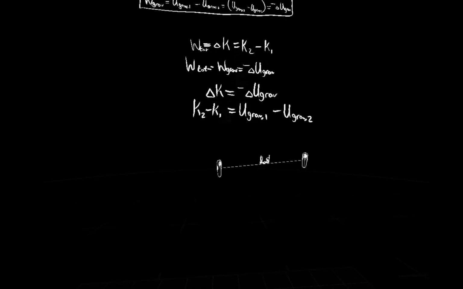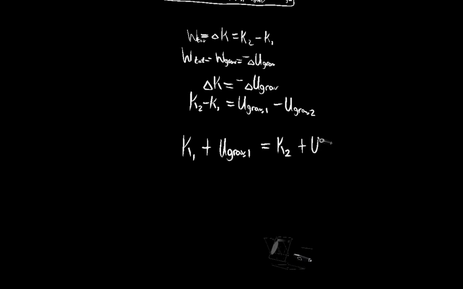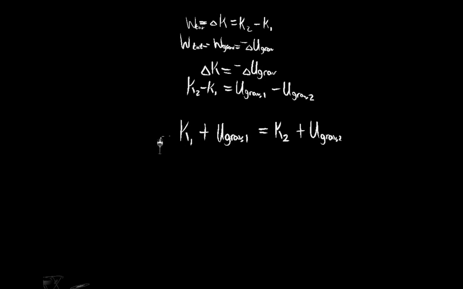And we can rewrite that as K1 plus U grav 1 equals K2 plus U grav 2. So the 1 refers to some initial scenario or moment, and the 2 refers to a later scenario or moment, right?